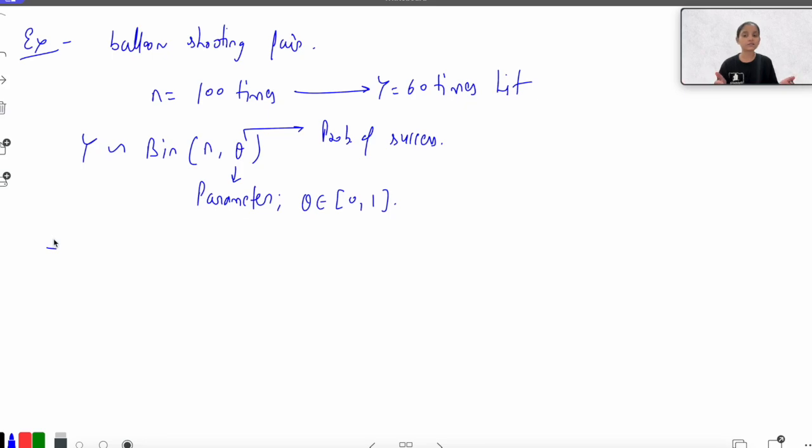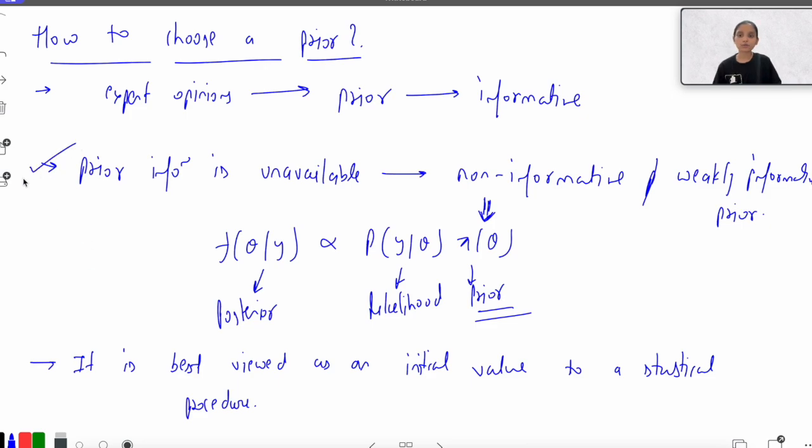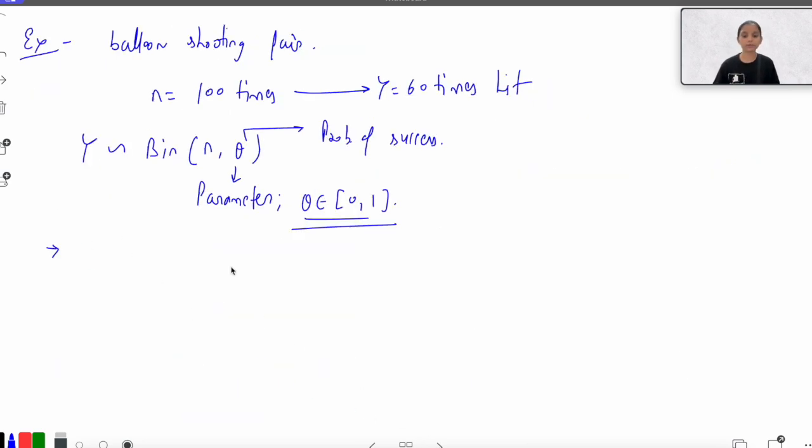Let's say I can consider a uniform distribution. I can consider any distribution which is ranging between 0 to 1, because my theta is bound between 0 to 1 as it's a probability of success, right? So let's say I don't have any information about the probability of success here. In that case, we will be choosing a non-informative prior.